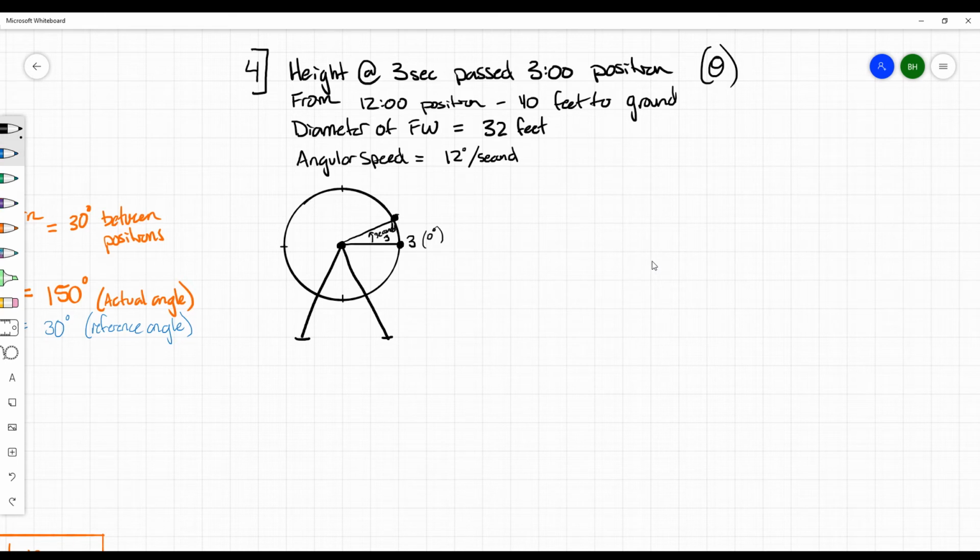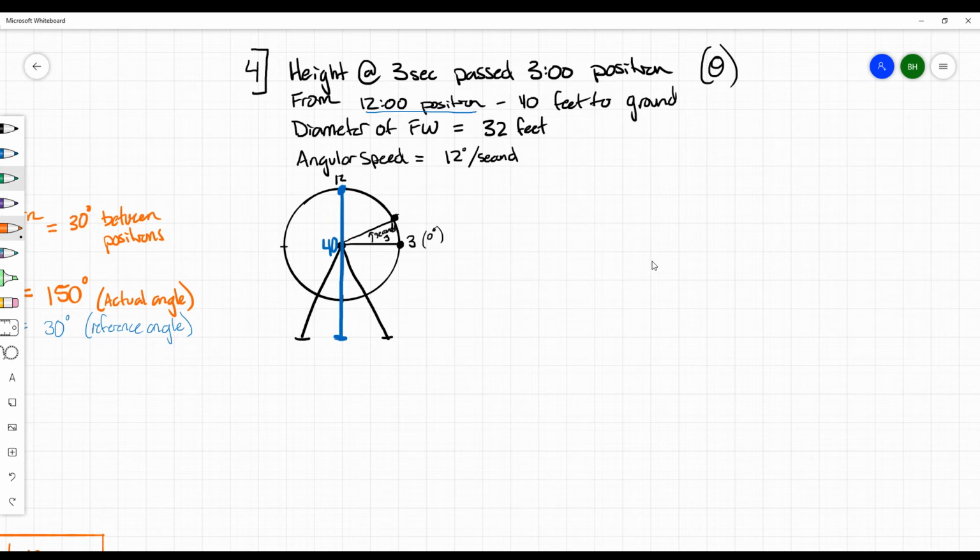Okay, let's see what else we know. We know from the 12 o'clock position, it's 40 feet to the ground. So from this point, from the 12 o'clock position to the ground here, that position is going to be 40 feet, which is important because that means my height can't be above 40 feet.